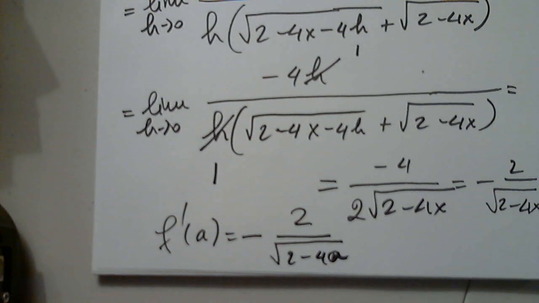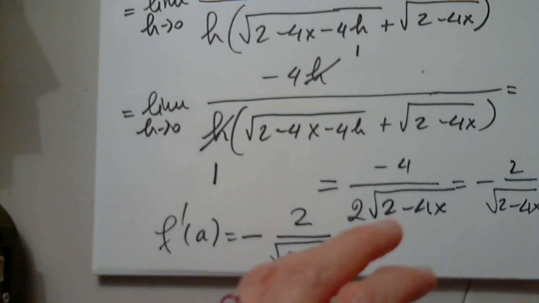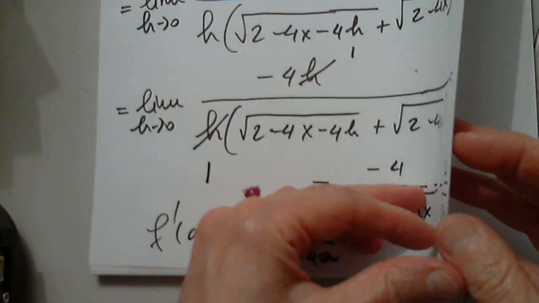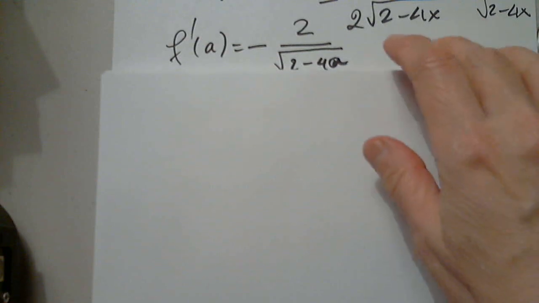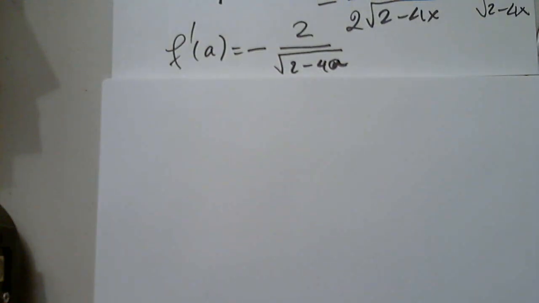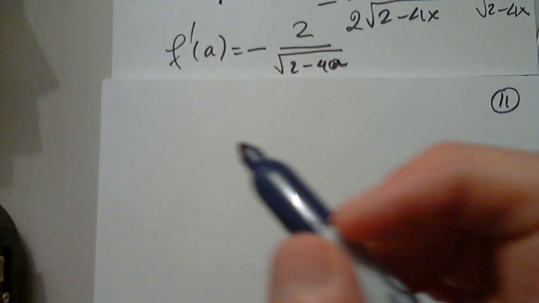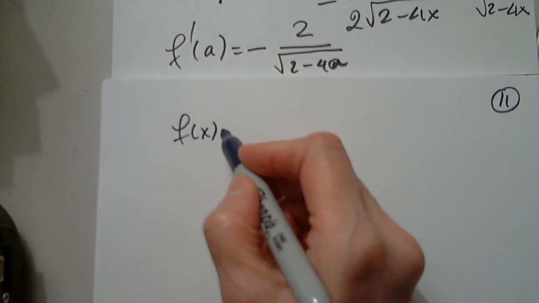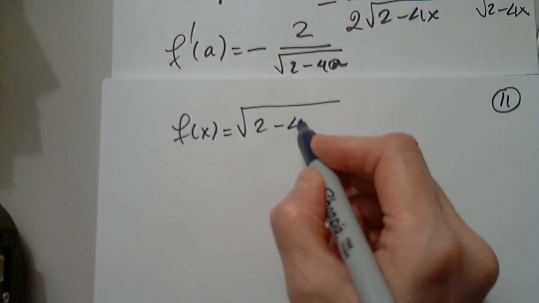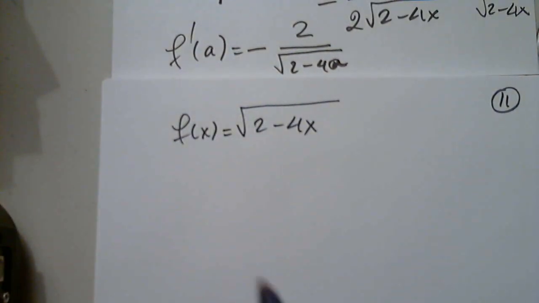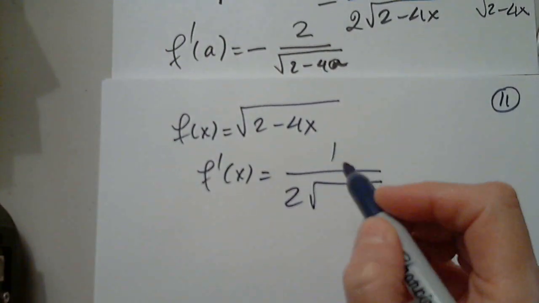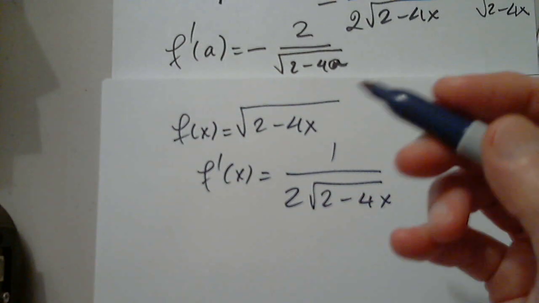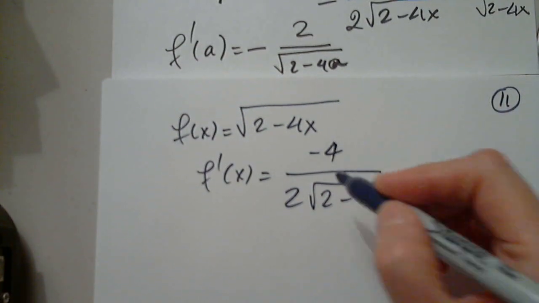And then I will say, wait a minute, what if I have an error? Very simple. I have formulas. I will check my work with the formula. So the function was the square root of 2 minus 4x. F prime of x is 1 over 2 the square root of 2 minus 4x times the inner function prime, which is -4.